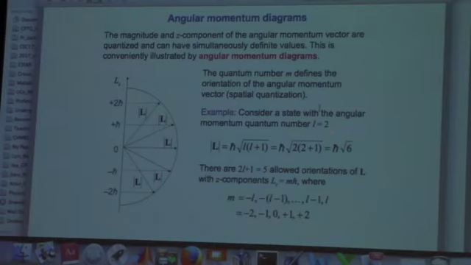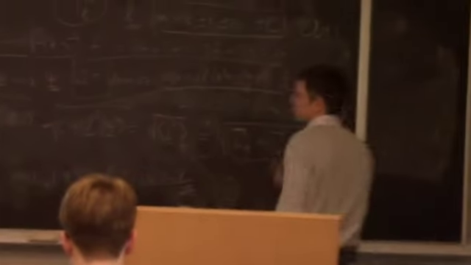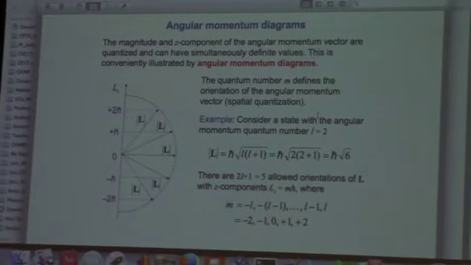You have 5 vectors that are built using the 5 functions like this, with L equals 2 and m ranging between -2 and 2, right? And all these vectors are essentially built out of the components of angular momentum. Their length is defined and the projection is defined. Okay.